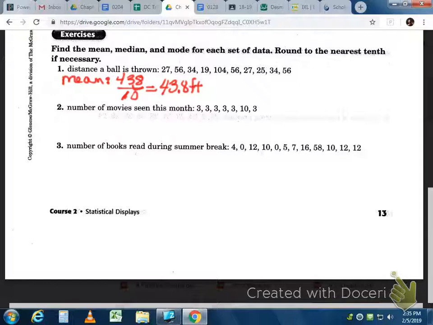Okay, the median. So next, I would write all the numbers in order. What's the smallest number in the list? You've got to be careful. It's 19.